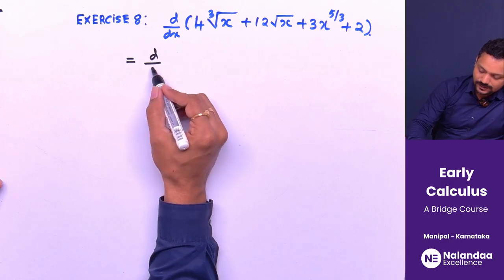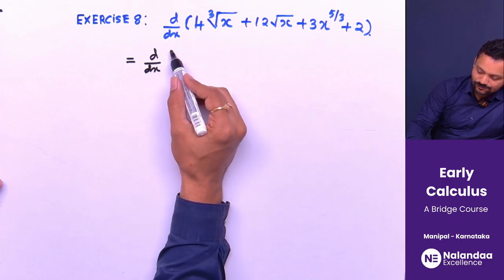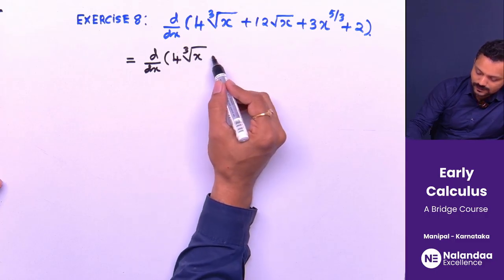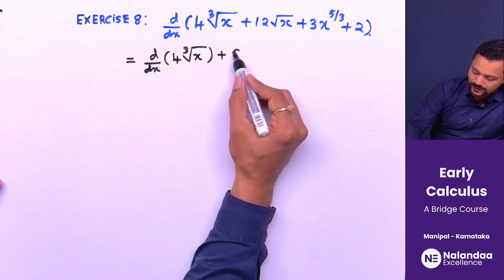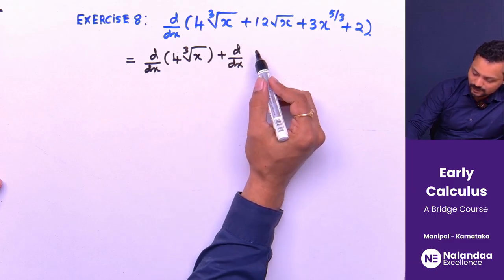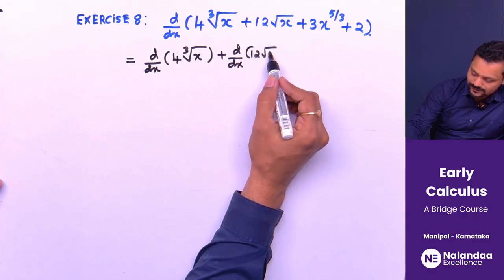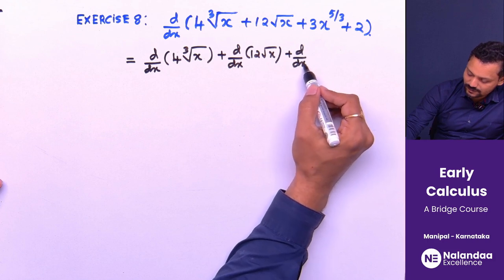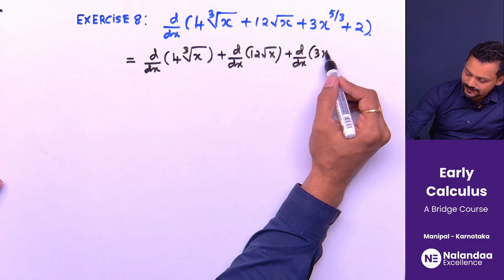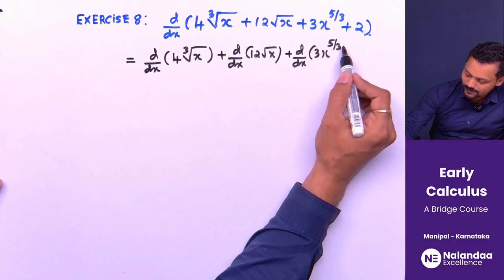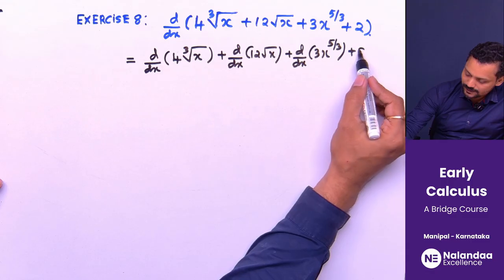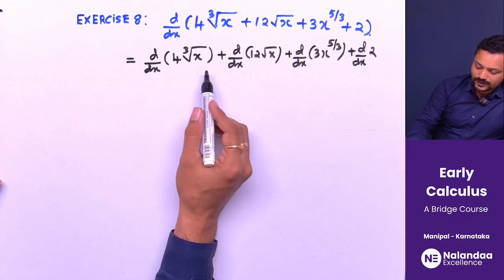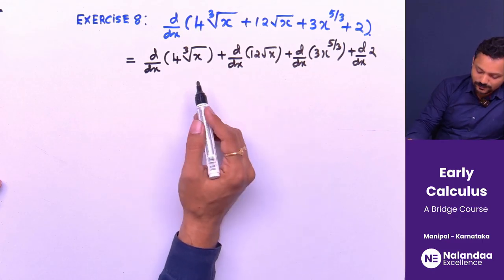So this is d by dx of 4 cube root of x, the first term, plus d by dx of 12 root x, the second term, plus d by dx of 3 into x power 5 by 3 plus d by dx of 2.